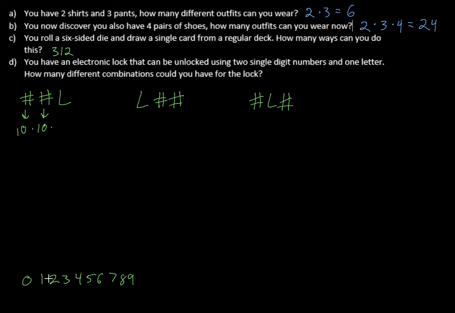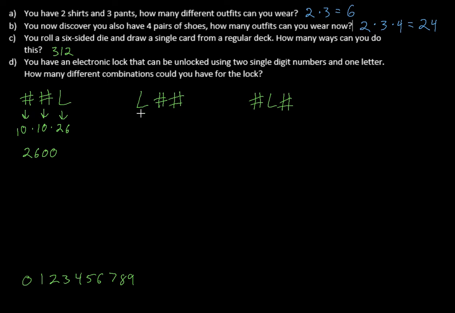Letters, I'm not going to write them out. I hope you guys know your ABCs. There are 26 of them. So if I have a number, and a letter, then I'll have 26 times 10 times 10. Well, remember, for tens, you're just putting zeros on at the end. So I have 2,600 different combinations if all we were allowed was a number, letter.